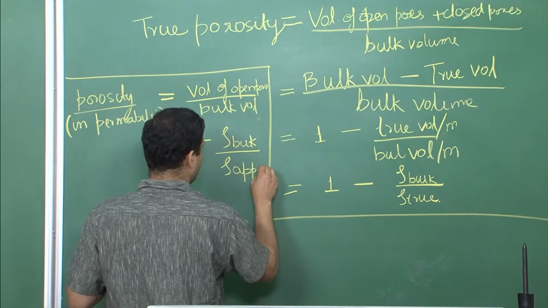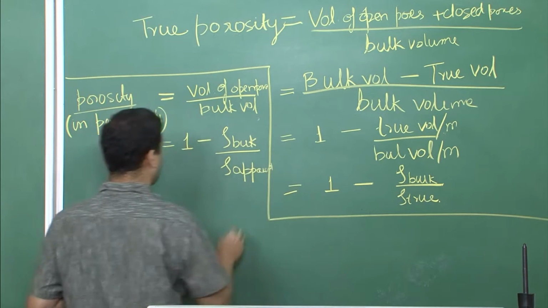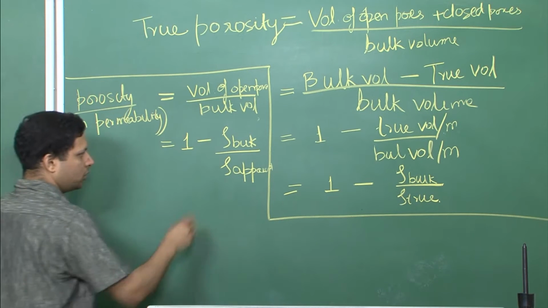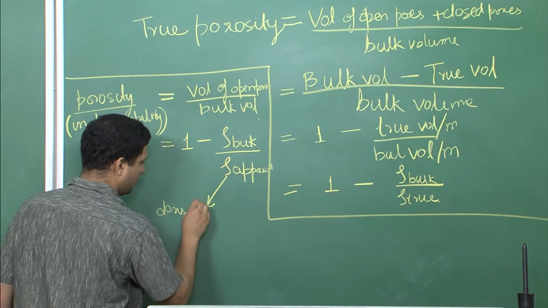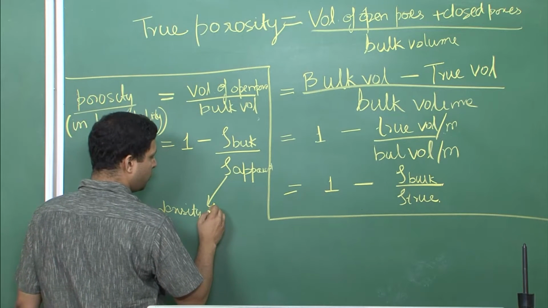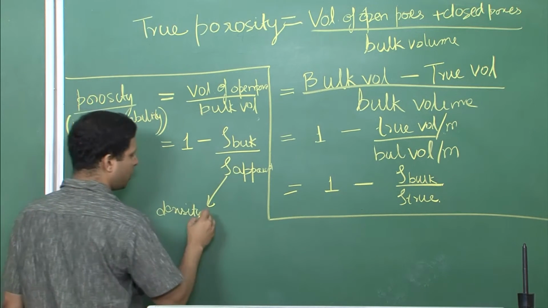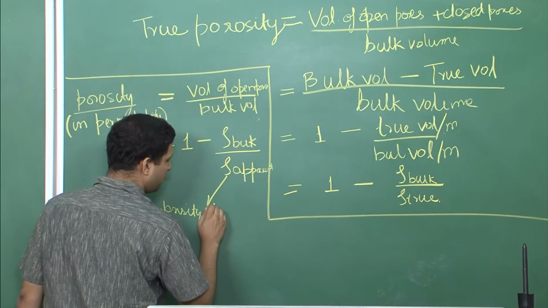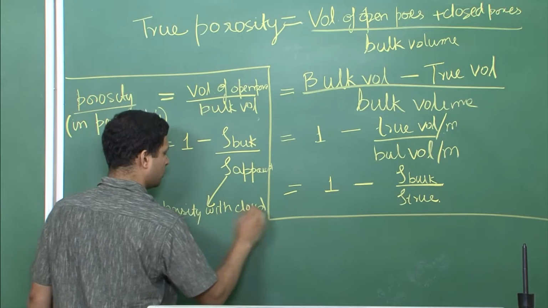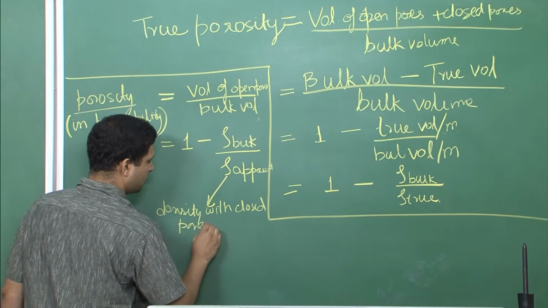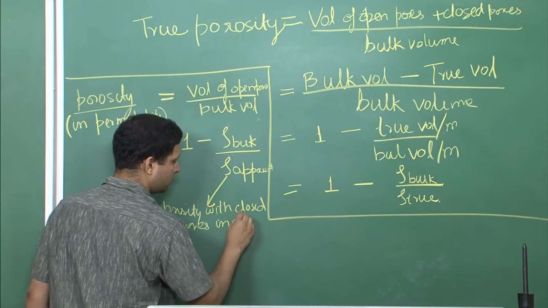Now what is this rho apparent? It is the density when you are taking closed pores also into account, density with closed pores included.